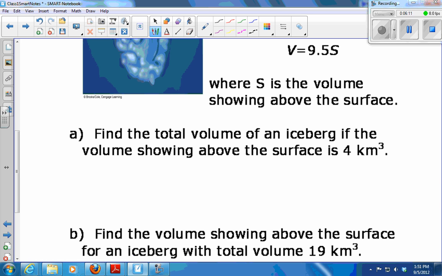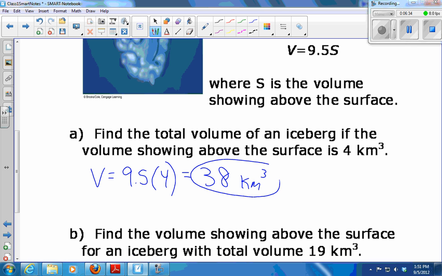Because the volume showing is 4 cubic kilometers, and S represents the volume showing. V is the total volume of the whole thing. Yep. So my total volume V is going to be 9.5 times 4, which is 38 cubic kilometers.